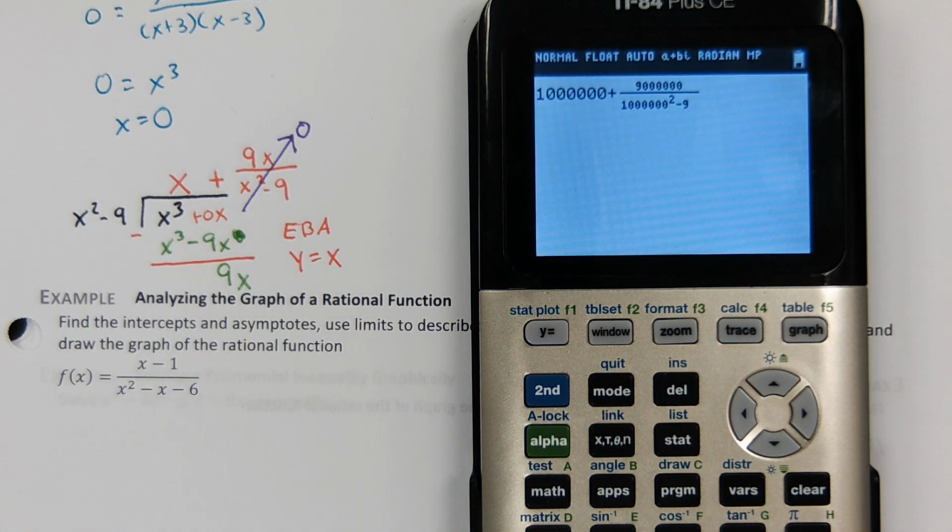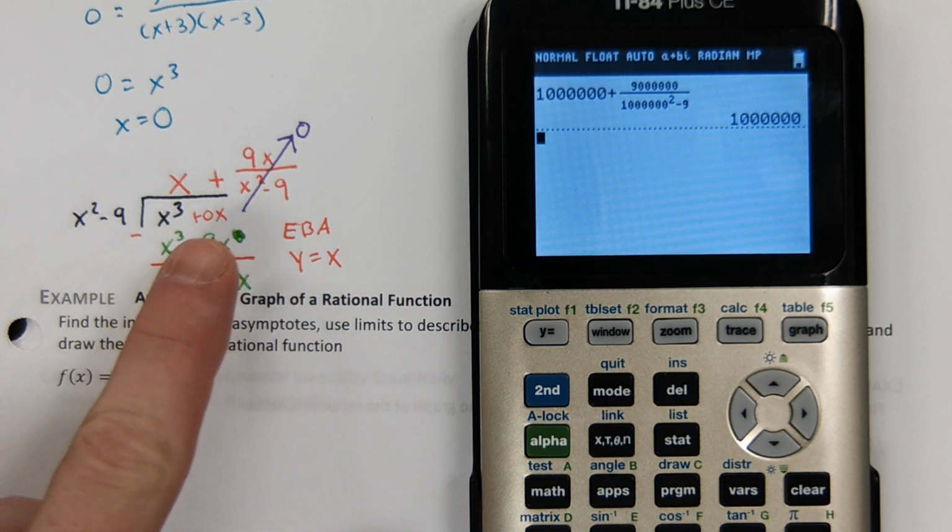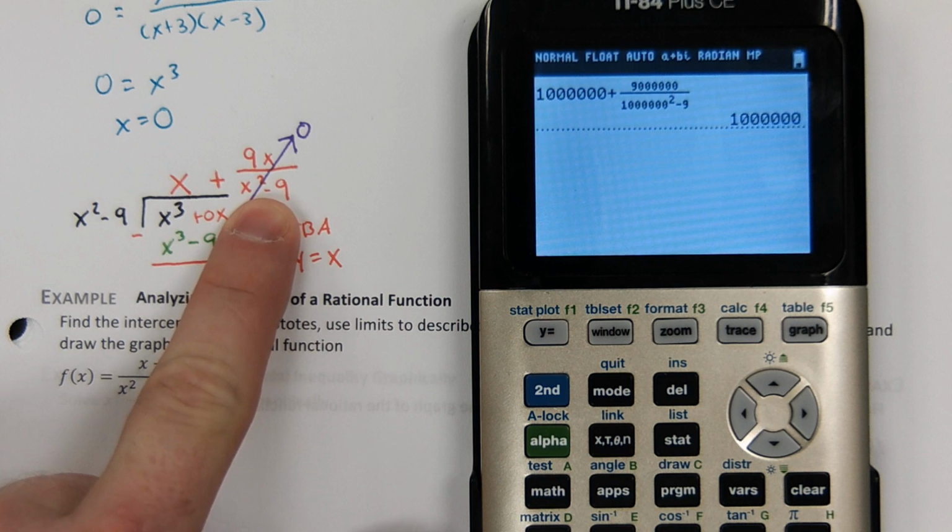So we're asking ourselves, what will the y value be when the x value is 1 million? And the answer is so close to 1 million that the calculator can't show you how far apart it is from the actual answer. The actual answer is 1,000,000.00009. So as x gets bigger and bigger and bigger, the less and less and less this fraction matters because it's bottom heavy.